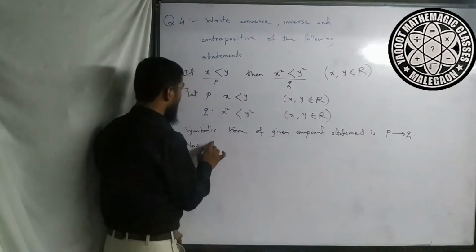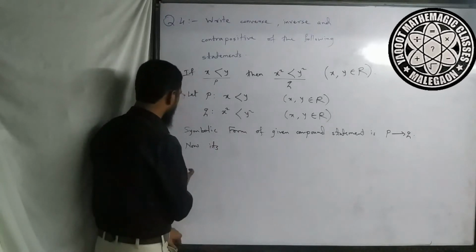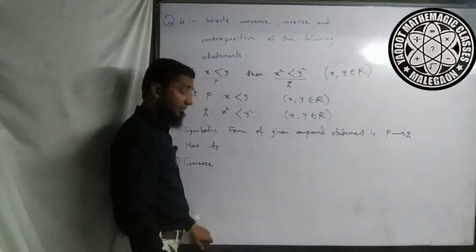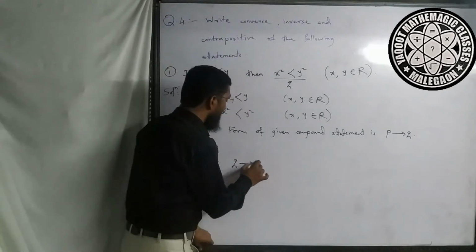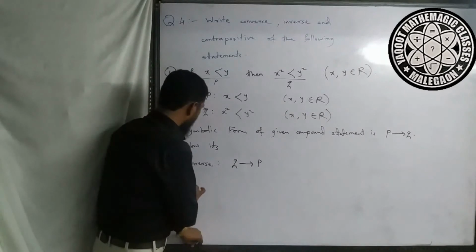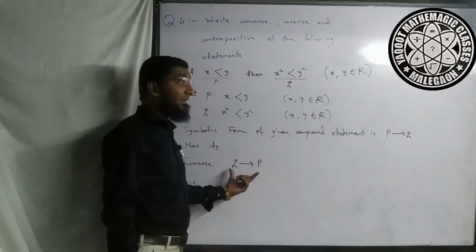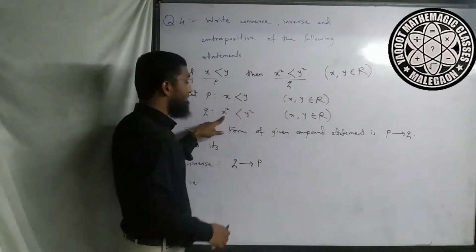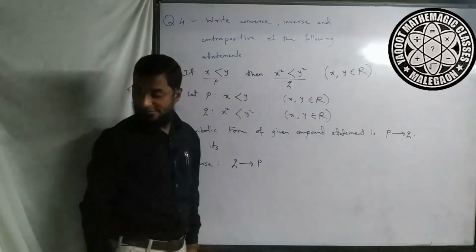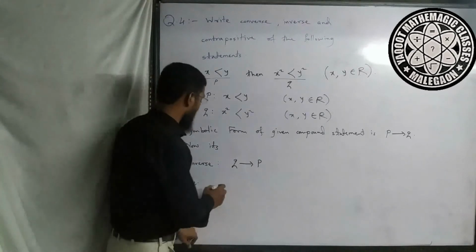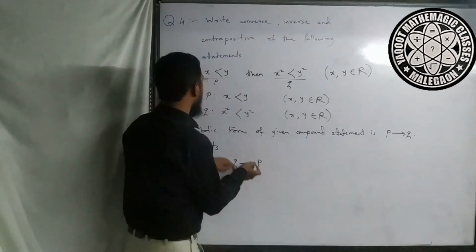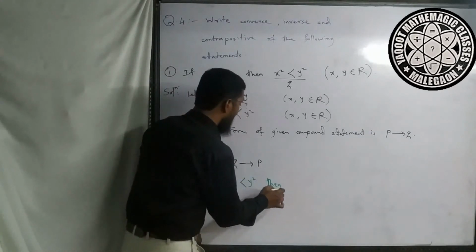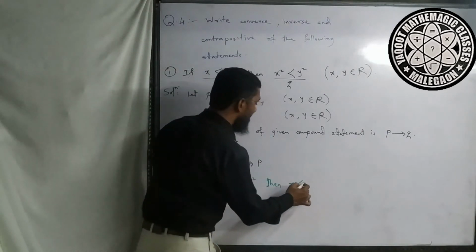Now number 1, converse is again a conditional statement which is Q implies P. That means if Q is hypothesis, if x square is less than y square, then conclusion is P, that means x is less than y.